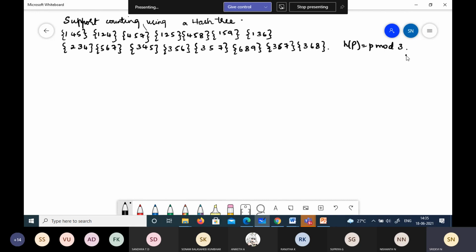The hash function hashes the values 1, 4, 7 to the left child, 2, 5, 8 form the middle child, and 3, 6, 9 form the right child.